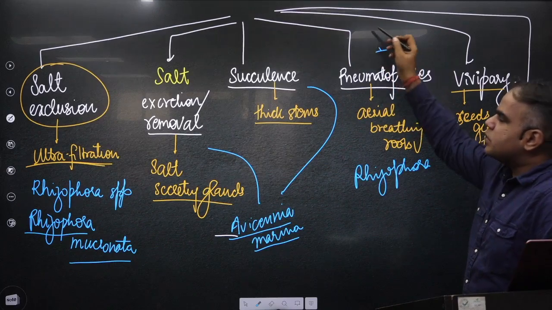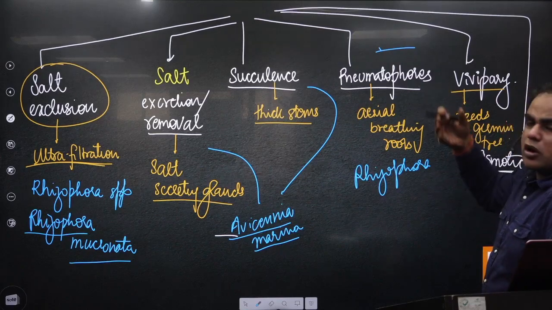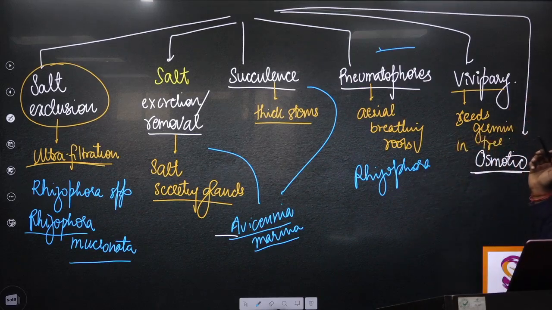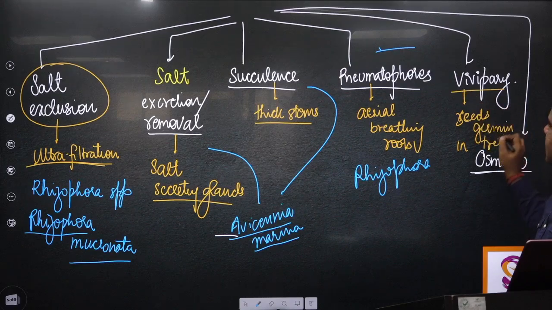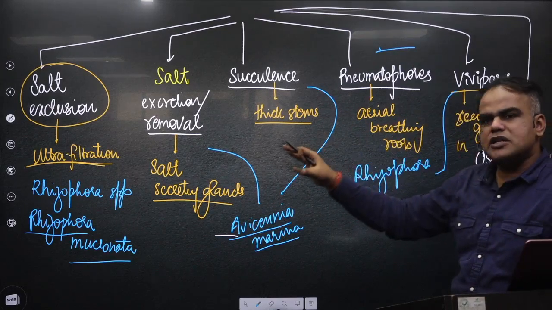The roots need to breathe, otherwise they will not be able to breathe and they will rot. For vivipary also, you can give a similar example, either Rhizophora etc., because they will generally show similar attributes.